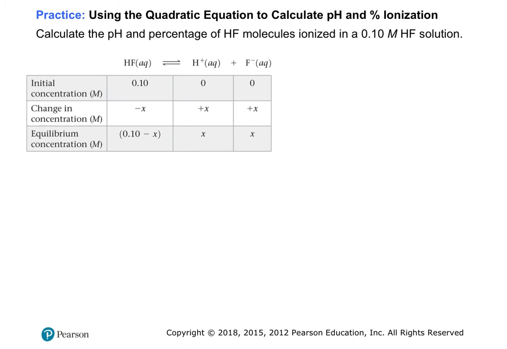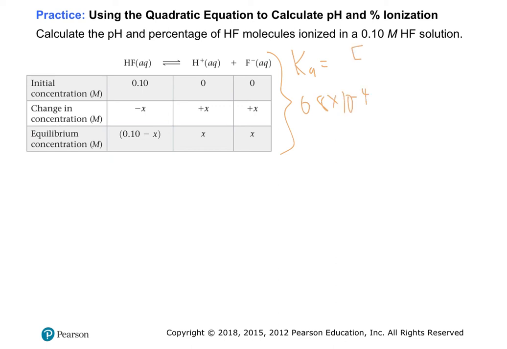Let's do one more practice problem before we move on. We're going to calculate the pH and percent of hydrofluoric acid that's ionized. So we have our situation set up here, very nice. And what we're going to do is solve for this. So if we look at our table, we know that Ka for hydrofluoric acid is 6.8 times 10 to the negative 4.